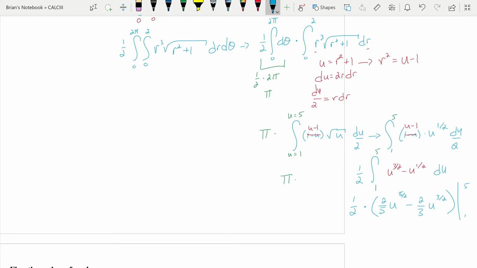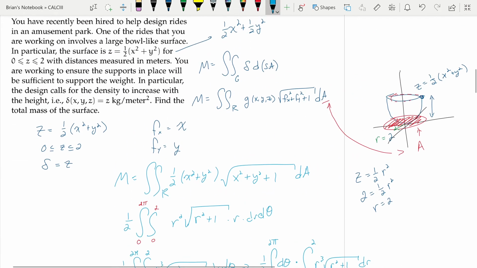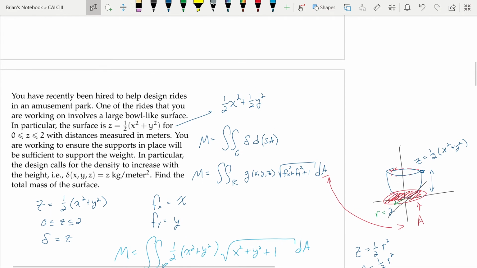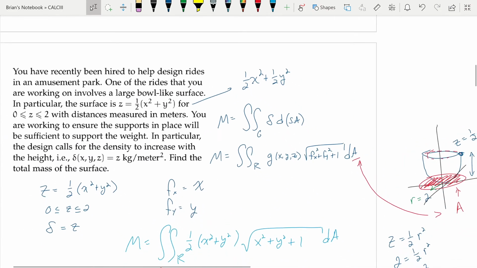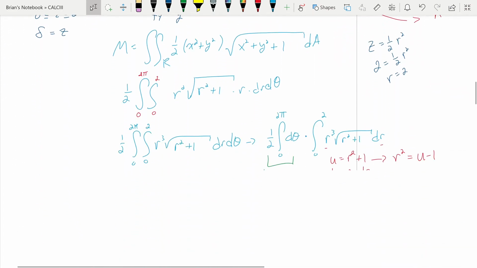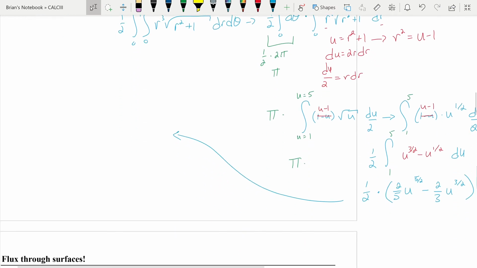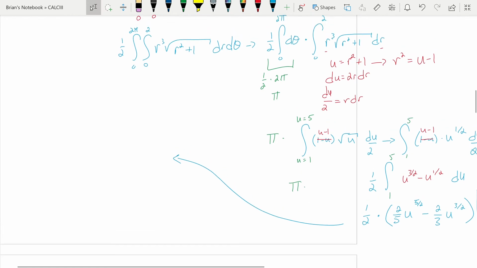Now if we're on the exam, what I would do is plug everything in and box it. And this is an exam problem, and in the solution for the exam problem, they also just plug it in and box it. So we'll have pi times this big thing.